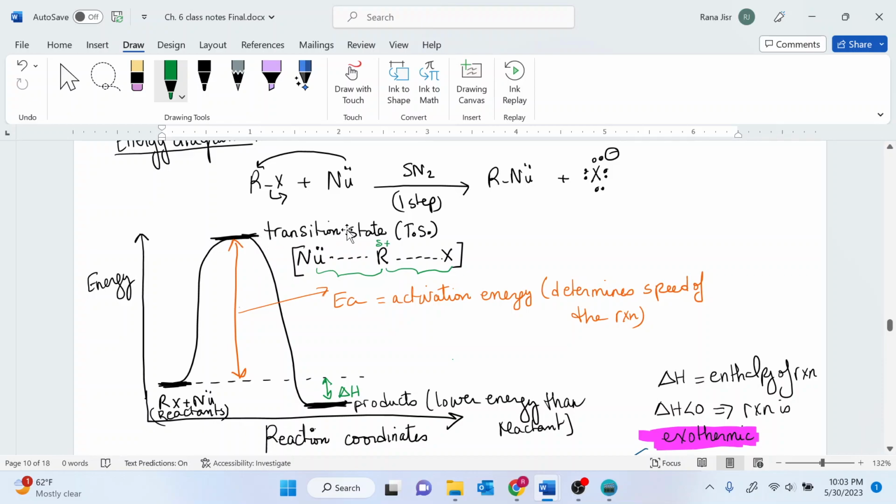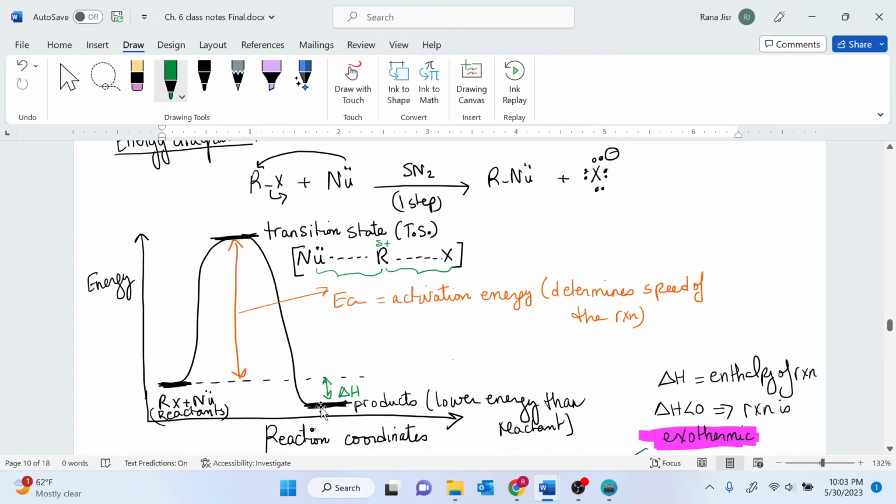To represent the transition state, which is the TS, you represent it like this, and every bond breaking and bond forming, we represent as a dotted line, and everything needs to be in brackets there. Whenever you draw the transition state, then you're going to go straight to the product.